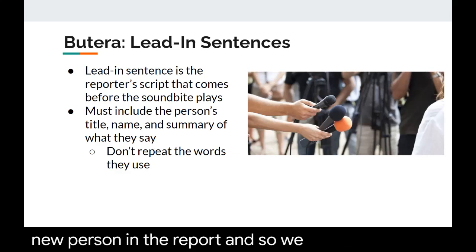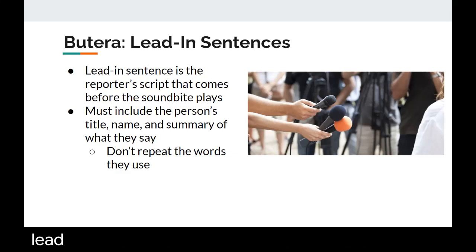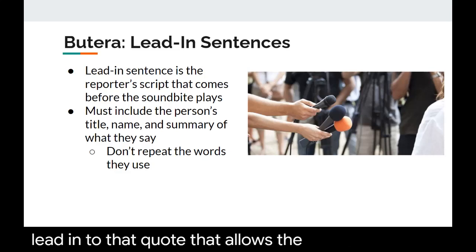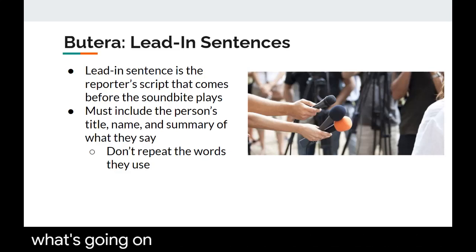And so we need to write a lead in to that quote that allows the audience to know what's going on. All lead in sentences should tell people who this person is, typically through the use of a title, their name, and a summary of what they're going to say.